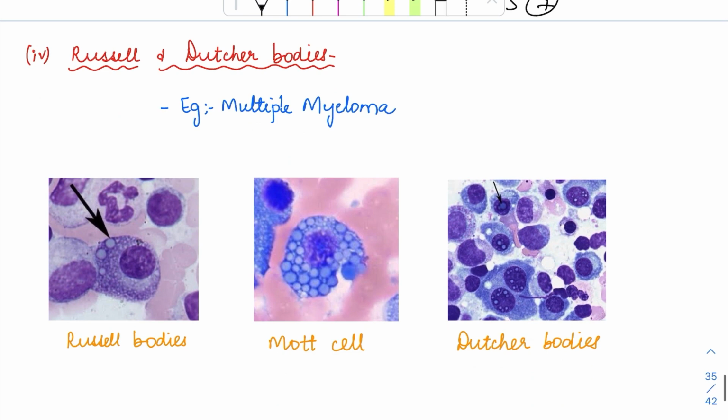Then we have Russell and Dutcher bodies. These are intracellular accumulations of immunoglobulins seen in multiple myeloma, which we all know is a plasma cell dyscrasia. In plasma cell dyscrasias, abnormal immunoglobulin is produced and accumulates inside the cell.